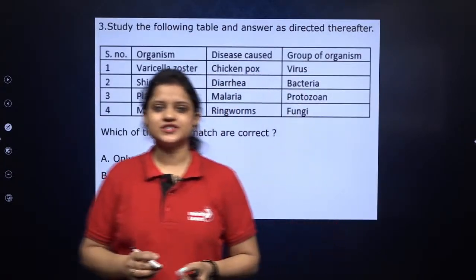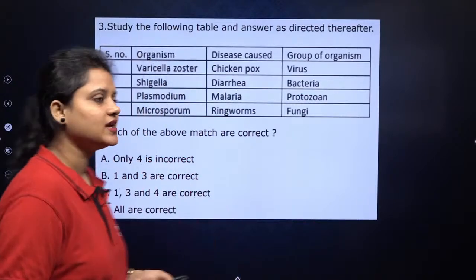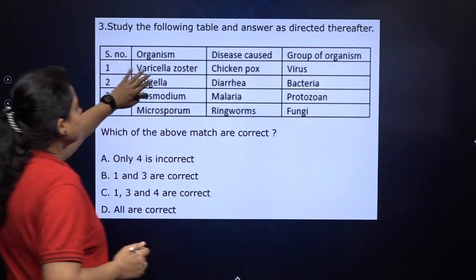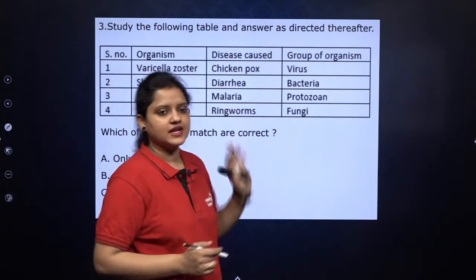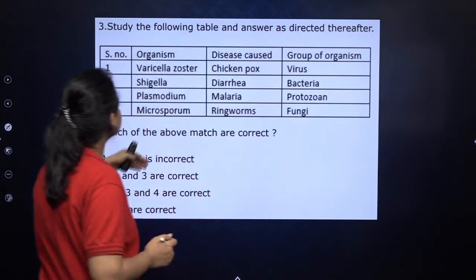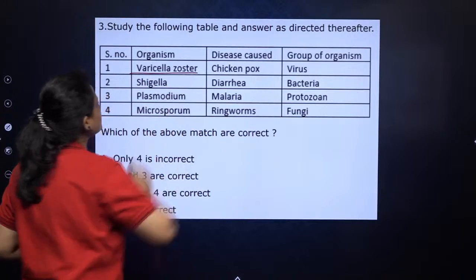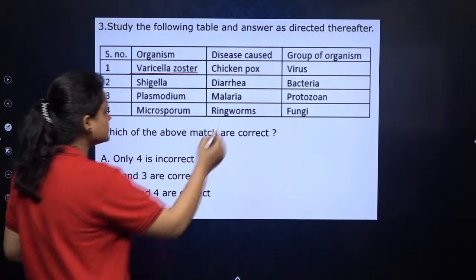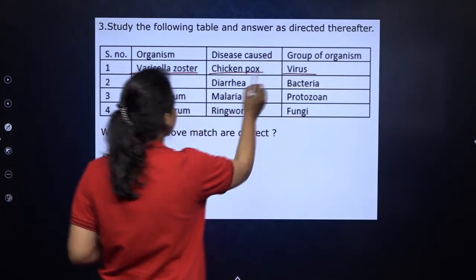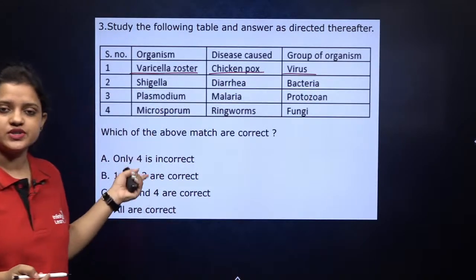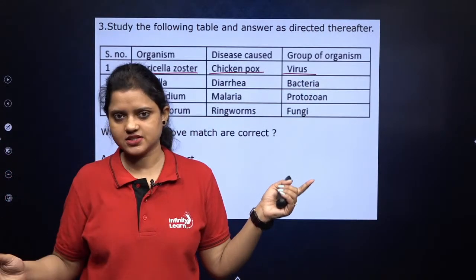Okay, so next question on your screen, question number 3. Study the following table and answer as directed thereafter. So let's see the table. Varicella zoster virus, this is a virus, yes, and it causes chickenpox. This is true. This question is from the chapter Human Health and Disease.